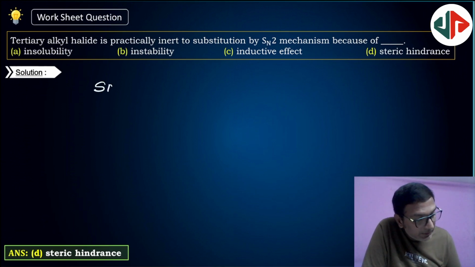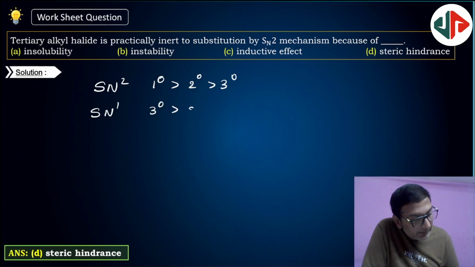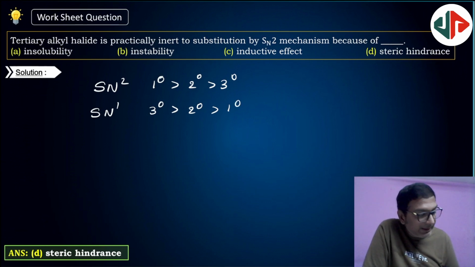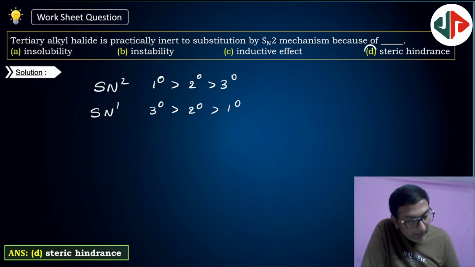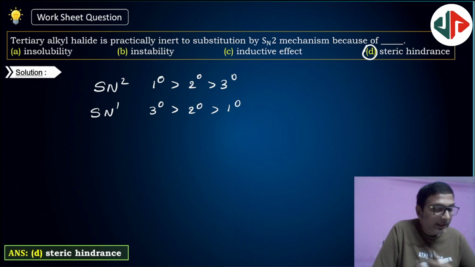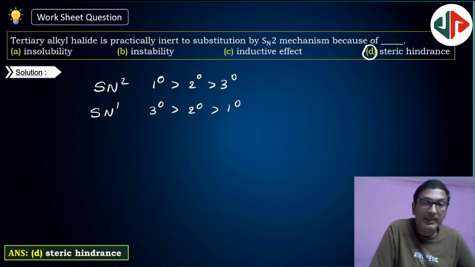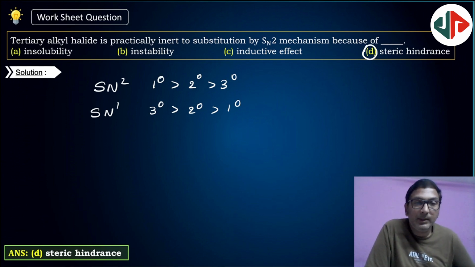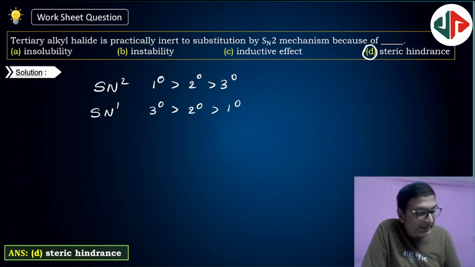So the SN2 order is and the SN1 order is. Due to steric hindrance, tertiary alkyl halides are resistant to SN2 substitution. So tertiary will undergo the SN1 mechanism.